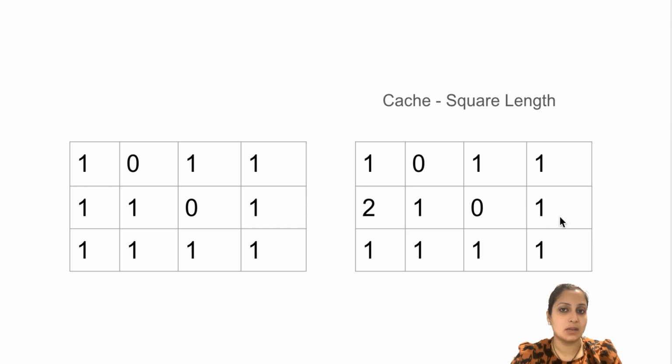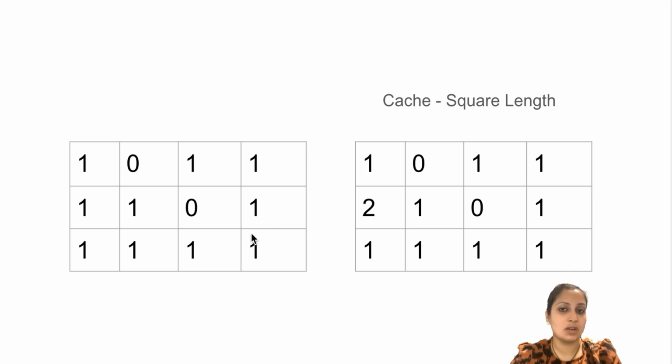So hence 1 here. Similarly, on the cell just above it, its bottom neighbor has maximum square size possible 1, but it has a right neighbor with 0, and it has a diagonal neighbor with 0. So min of these is 0. Hence, the maximum length square possible starting from this cell will be of side length 1. That's how you got the rightmost column.